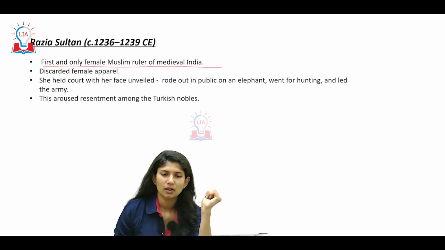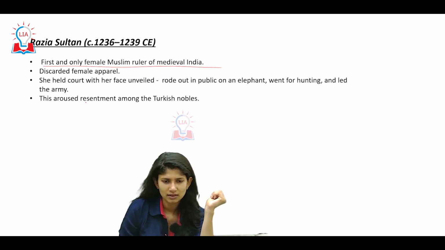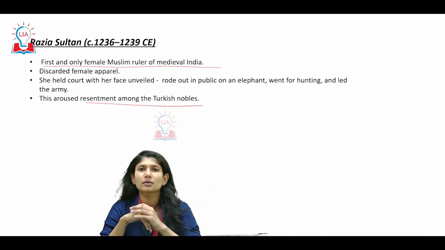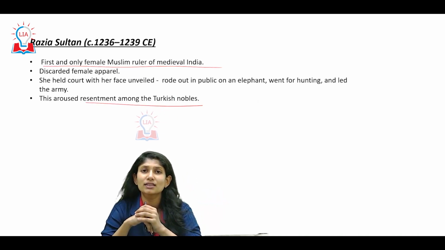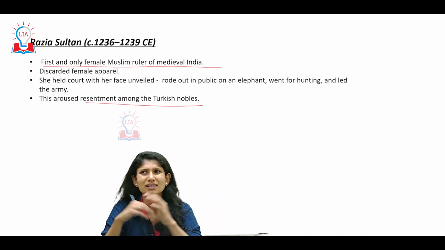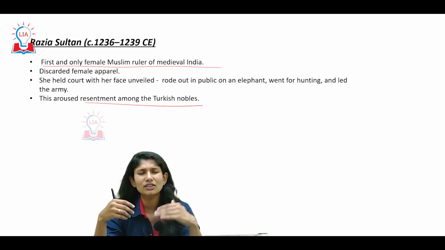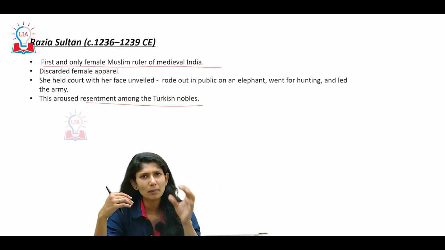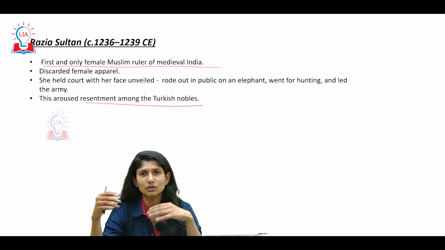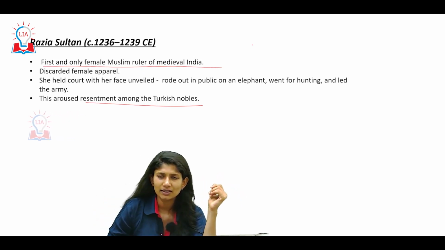Now look at this. There was a huge amount of resentment among the Turkish nobles. Why? Because they felt they had to take orders from a woman, and they found that she was not acting as the ideal puppet they thought she would be. Initially they were okay with her coming in because they thought they could use her as a puppet.